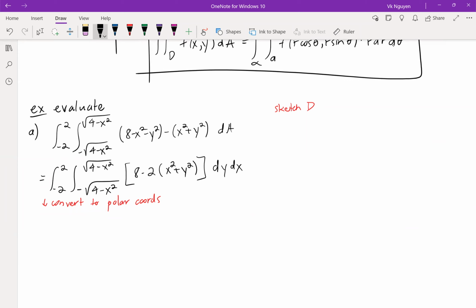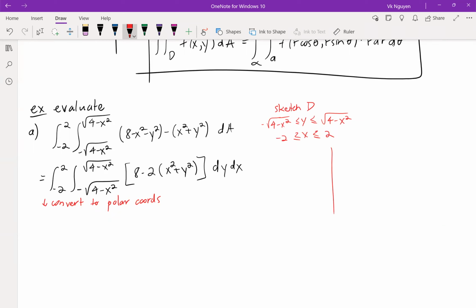So y is between negative root of 4 minus x squared and root of 4 minus x squared, and x is between negative 2 and 2.